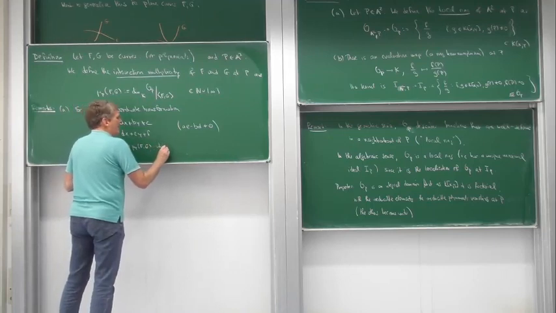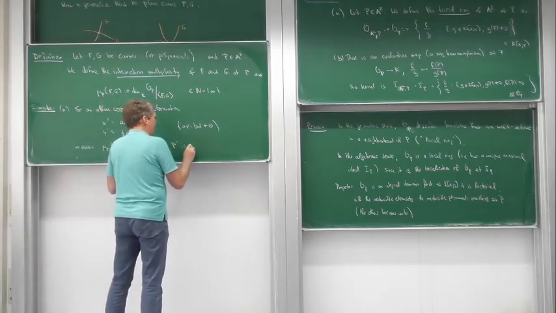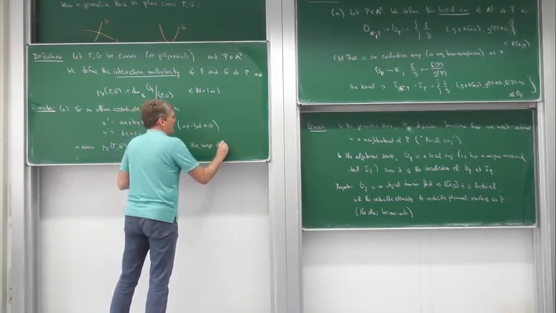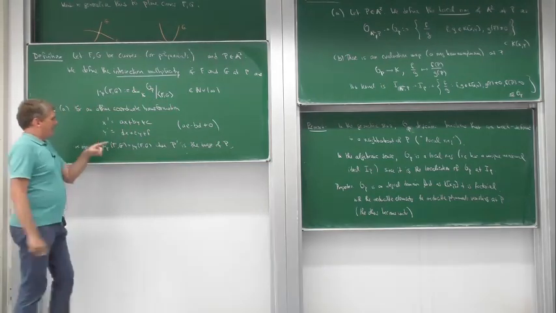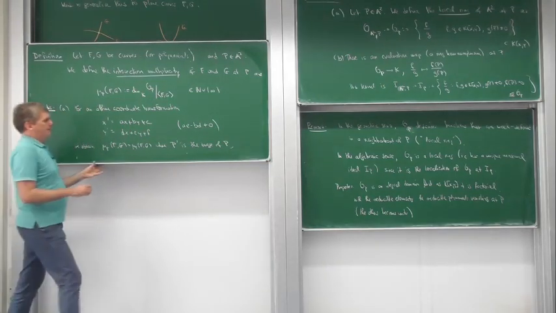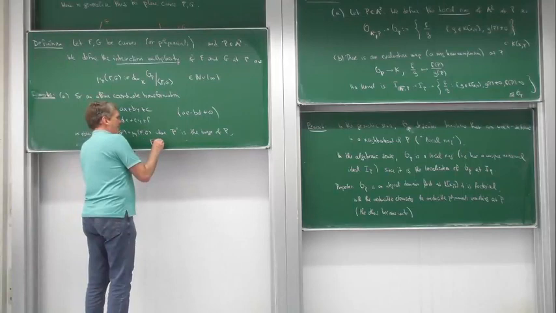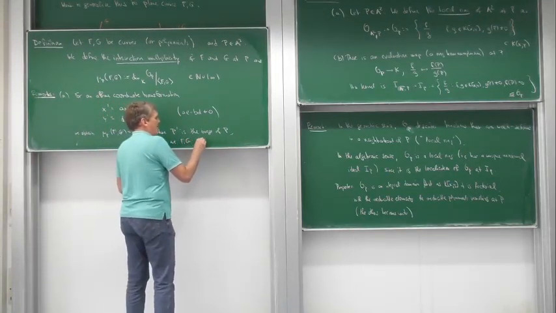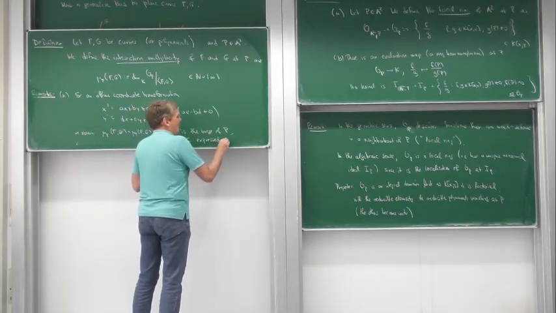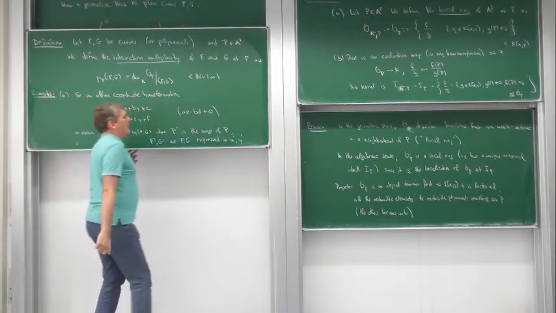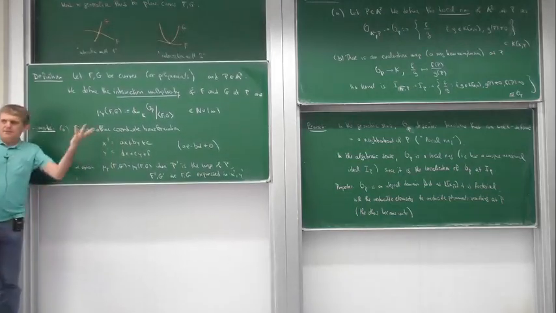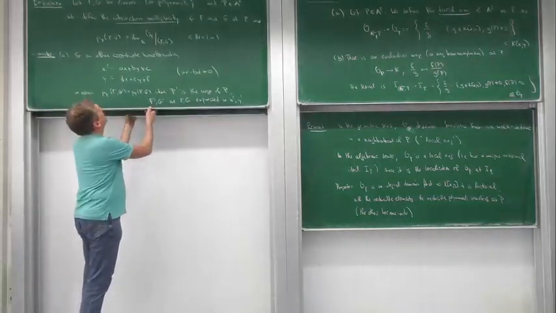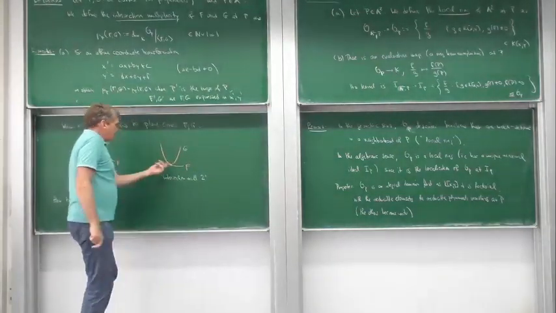where P' is the image of P, and F' and G' are F and G expressed in these new coordinates. So F' and G' are F and G expressed in X' and Y'. And what that means, that's pretty much clear from the definition, is that we can usually assume, if we want to, that the point is the origin, for example.